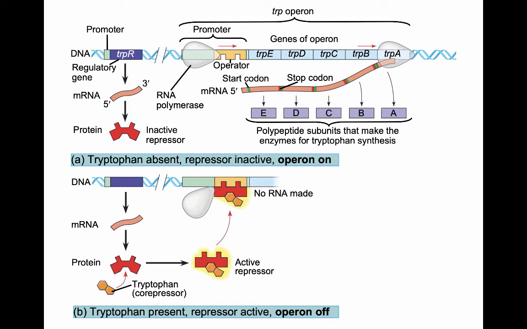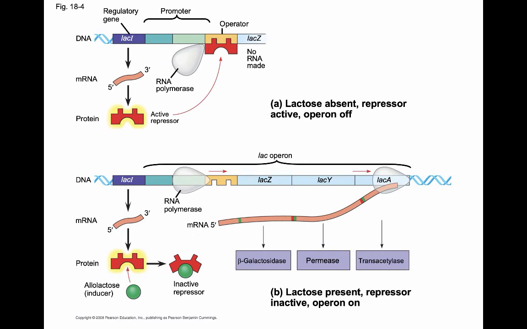More than enough tryptophan in the cell, those genes for making tryptophan get switched off when this repressor protein binds and blocks transcription. So transcription factor is a general term used for any molecule that binds to DNA and either activates or represses or inhibits transcription.